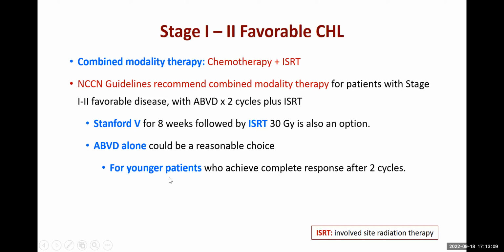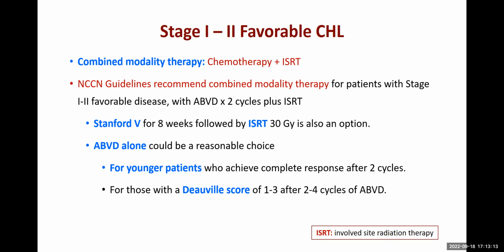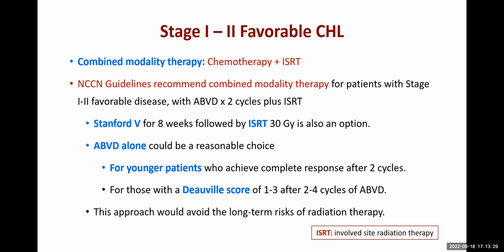Younger patients have got a better performance status, so better outcome. And Deauville score is something which has to do with the radiologist. This is a PET, positron emission tomography. Deauville, it's a French word, so I don't know how to pronounce that.